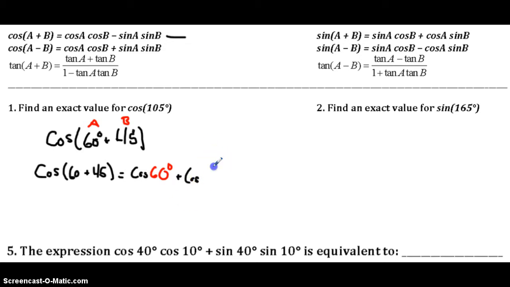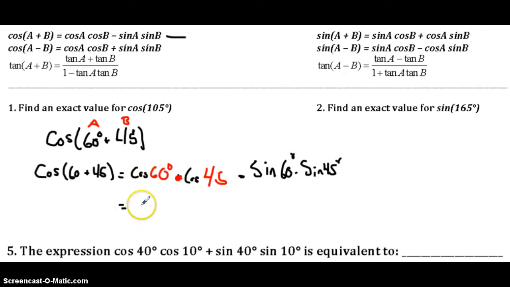That's cosine A times cosine B, and we're going to subtract sine A, so sine 60 times sine 45.